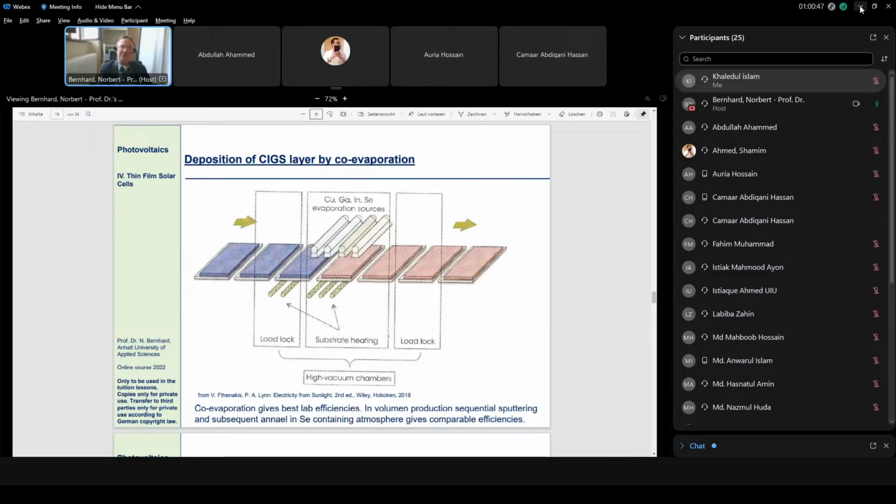But let us have now a look at some additional thin film concepts which are quite interesting, as this one, the so-called dye-sensitized solar cell, also called Grätzel cell after the inventor Michael Grätzel from Lausanne University. Or other concepts as we still see. Okay, this one is already quite old.